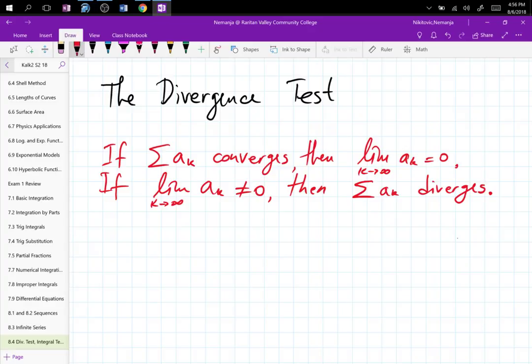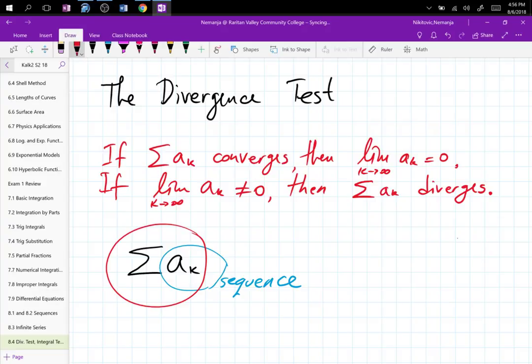So to start this off, when I write summation AK or AN or AM, whatever you use, doesn't matter, we are going to take a look at this part, and that part is called the sequence. But then you take a look at everything, and it's called series.